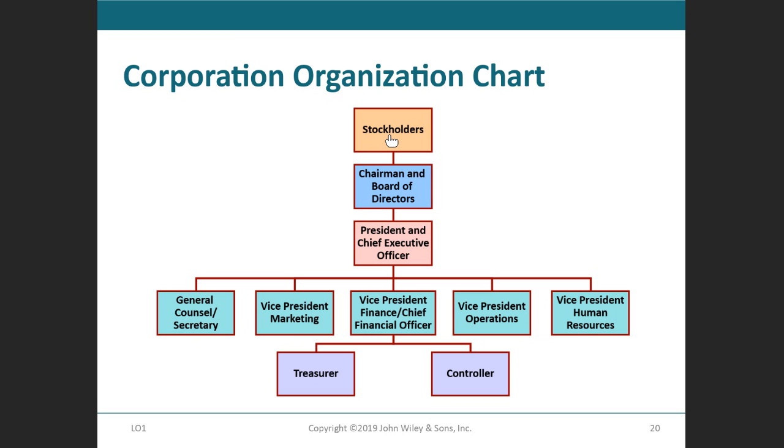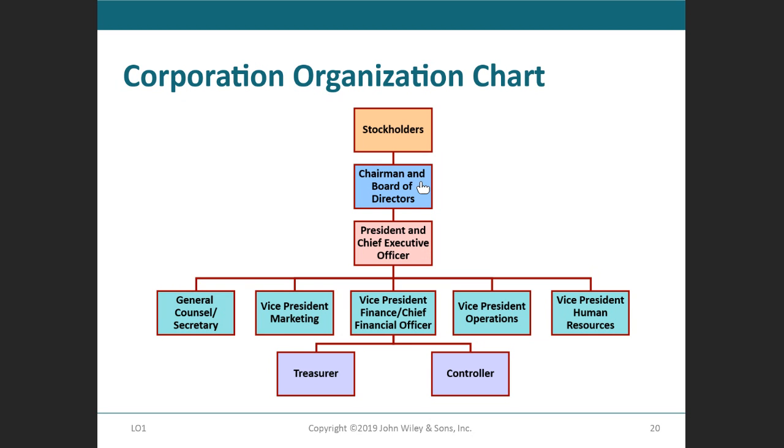The shareholders elect the board of directors. So the board of directors are representatives of the shareholders. Board of directors are also shareholders in the company, right? So the shareholders nominate and then they vote on the directors of the board.